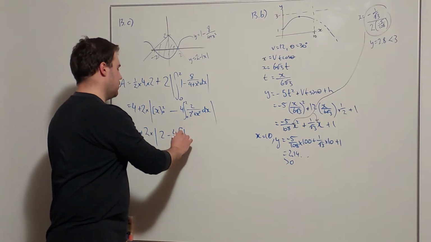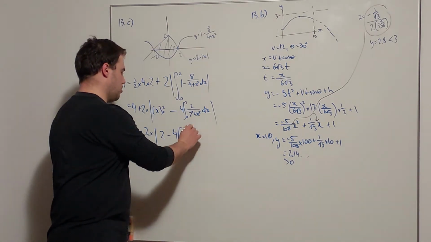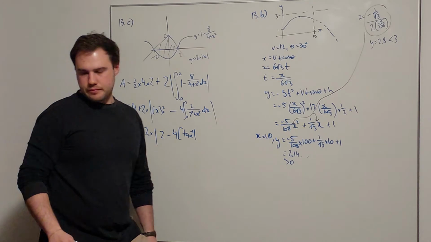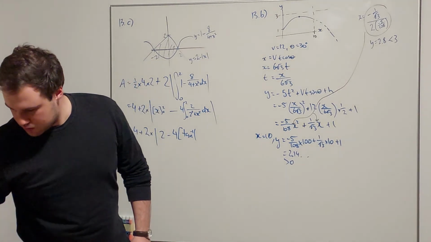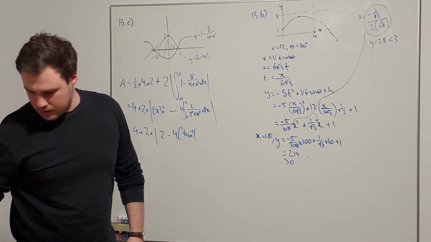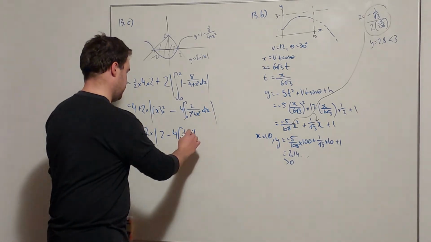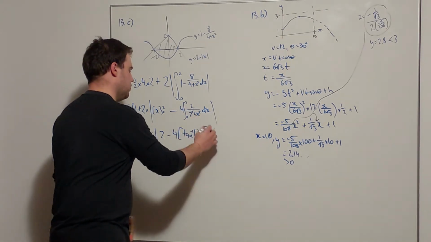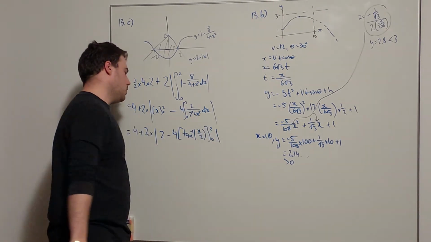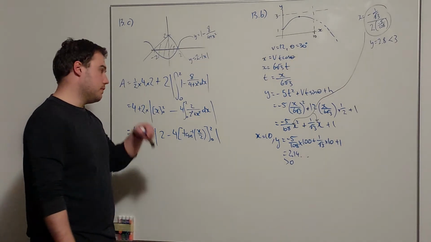inverse tan of x on 2, and we're taking that from 0 to 2. I think it's a bit different on the formula sheet.